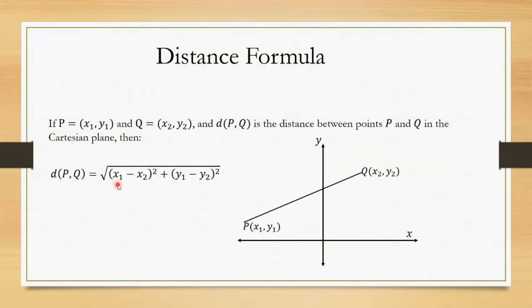What are we actually doing here? We're subtracting the X coordinates from each other, squaring that difference, and then subtracting the Y coordinates from each other and squaring that difference. We add those 2 squares, then we take the square root.